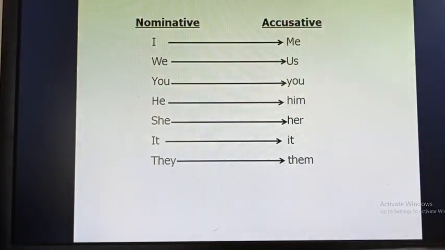So, after so many days, we are once again meeting together for this class, and I heartily welcome all of you to participate and take part in this class. We already have finished this subject on pronouns: I, we, you, he, she, it, they, and me, us, you, him, her, it, and them.